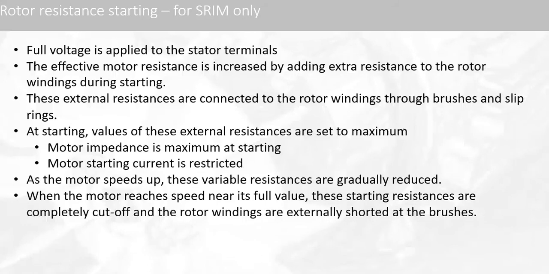Whenever the motor speeds up, the variable resistances are gradually reduced. So when my motor reaches the rated speed, the resistances are entirely cut off from the circuit, so that the rotor windings are externally short circuited at the brushes.